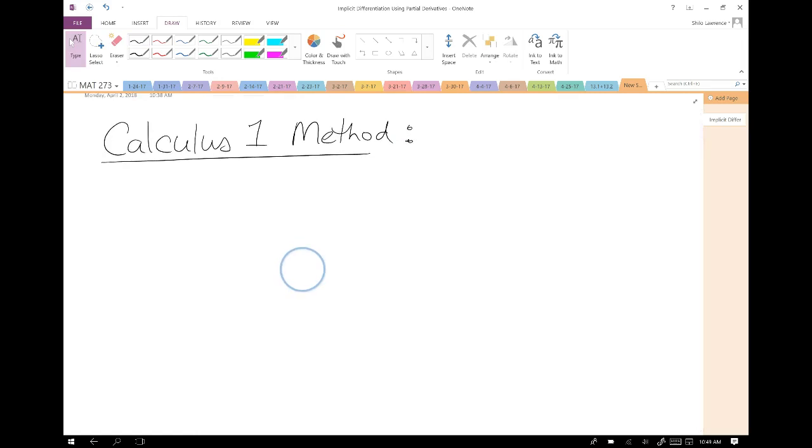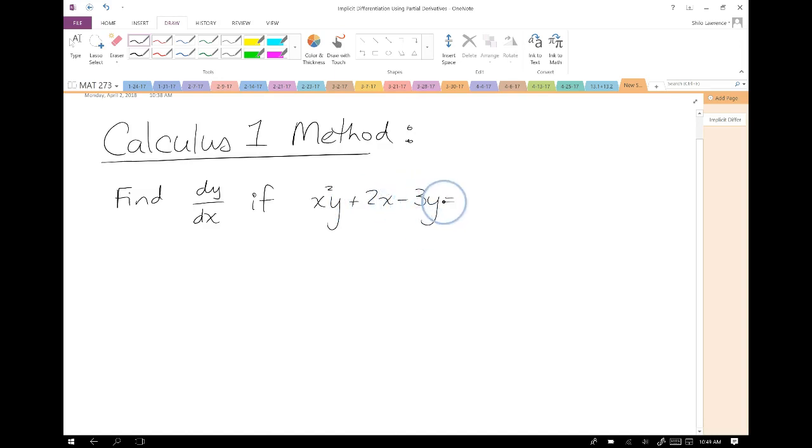So we would have been asked to find dy dx for a function that's given to us implicitly. So let's say we've got x squared y plus 2x minus 3y equals 12.